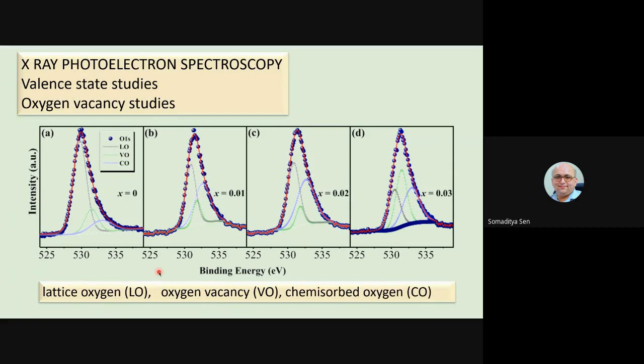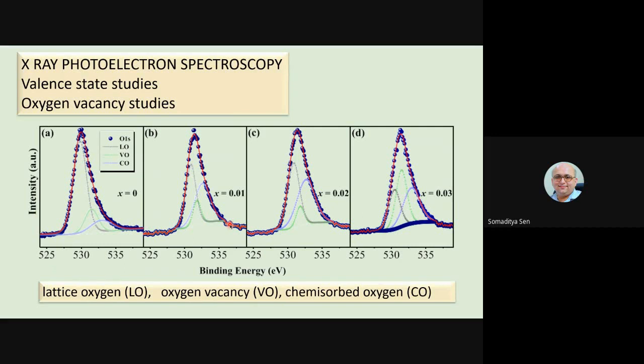Okay, so by taking the XPS data of these samples, we have found out that in some the oxygen vacancies have increased. Now this was a lithium doped sample. So as you dope lithium, you can see that the oxygen vacancy content has increased.